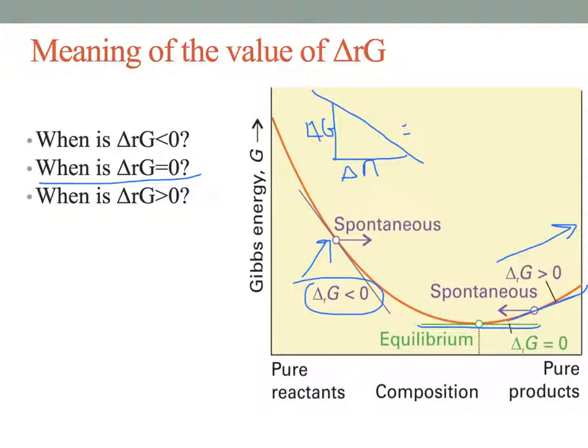Spontaneous when delta G is negative, equilibrium when delta G is 0, and non-spontaneous when delta G is positive. But when delta G is positive, then that means that the opposite reaction would be spontaneous.